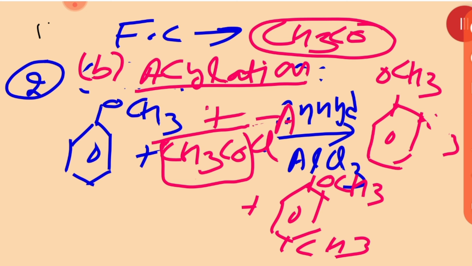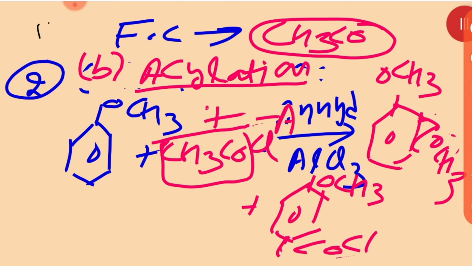At the place of this group, there will be OCH3, and what will be there, beta? COCH3 can be at the ortho and COCH3 can be at the para. So this was the Friedel-Crafts acylation.